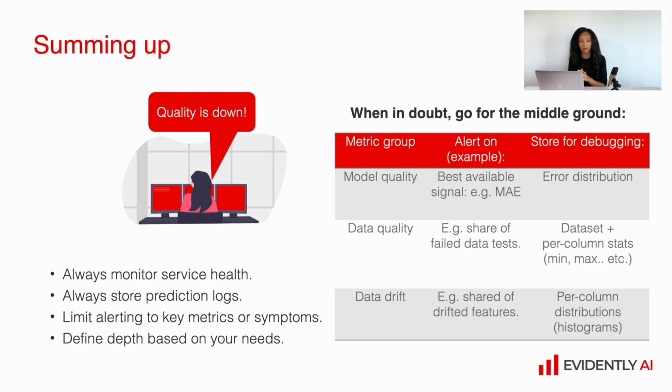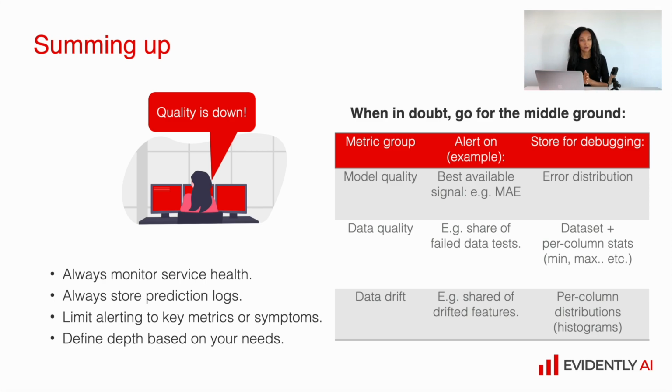And for data drift, you can also react only on the share of drifted features but ignore the drift of each individual feature. For debugging purposes, we can use and store more metrics like error distribution for model quality, dataset and per column descriptive statistics for data quality, and per column distributions for data drift, so that we can address the issues faster and get some additional context in order to figure out what's going on and troubleshoot.